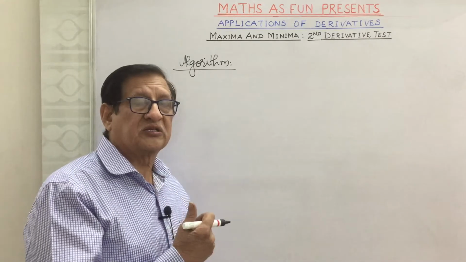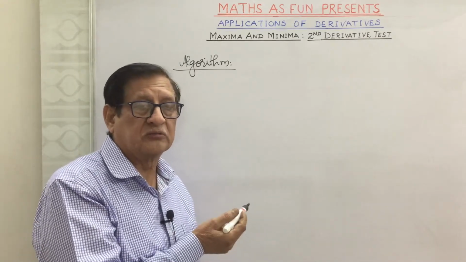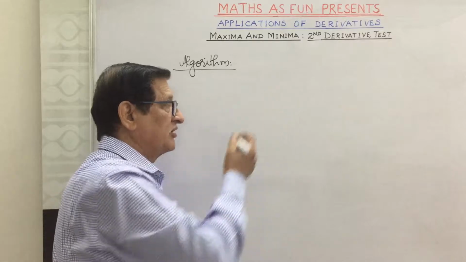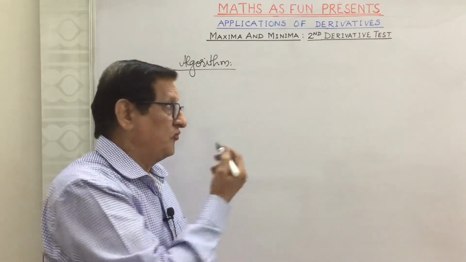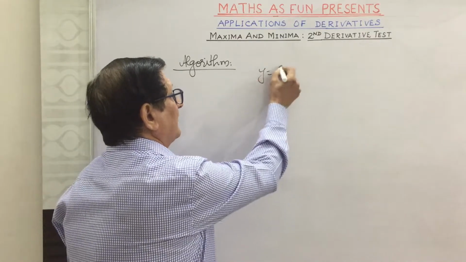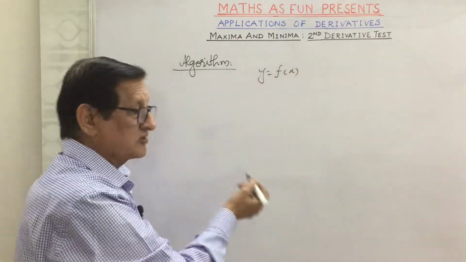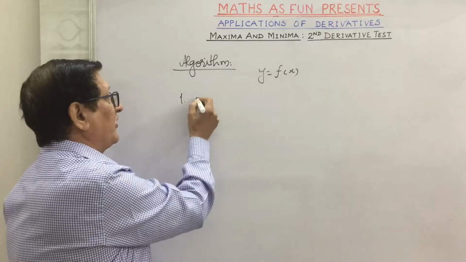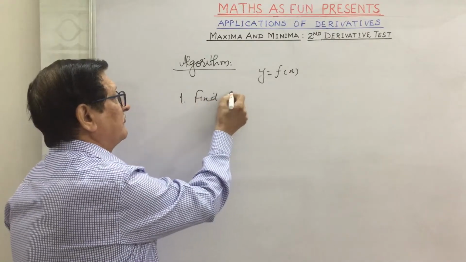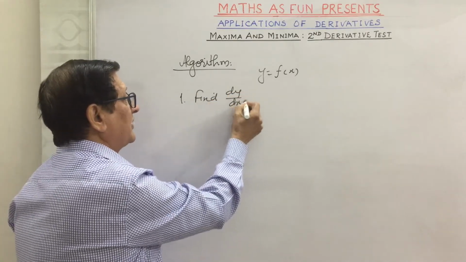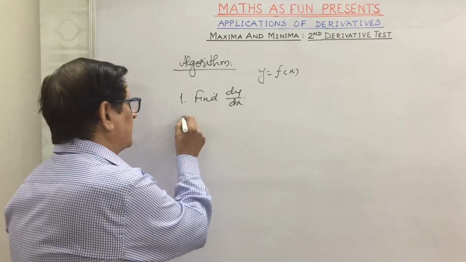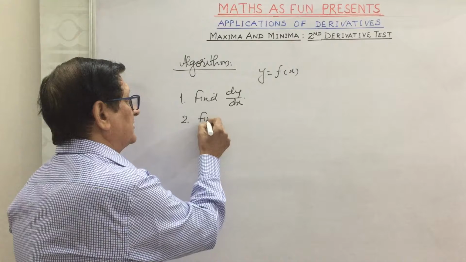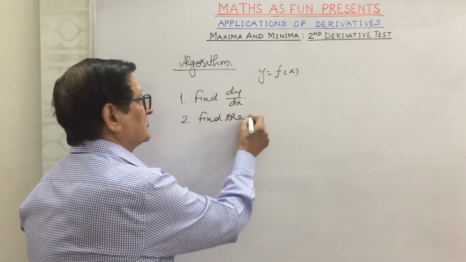To find the maxima and minima of any function by using the second derivative test, the algorithm which we have to follow is, for any function y equal to f(x), the first step is finding the derivative, that is, find dy by dx from this function. Second step is to find the critical points.